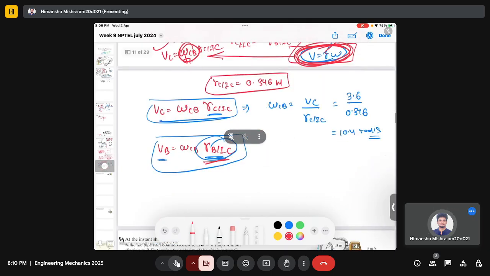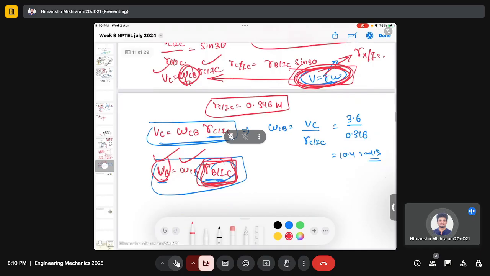Then you use the same relation for another point, VB, which is rotating with this position vector. So you already know omega CB, you know the position vector, and then you can easily find VB.